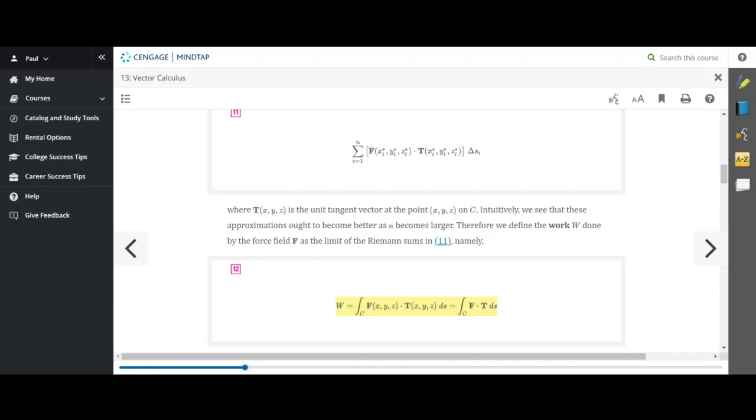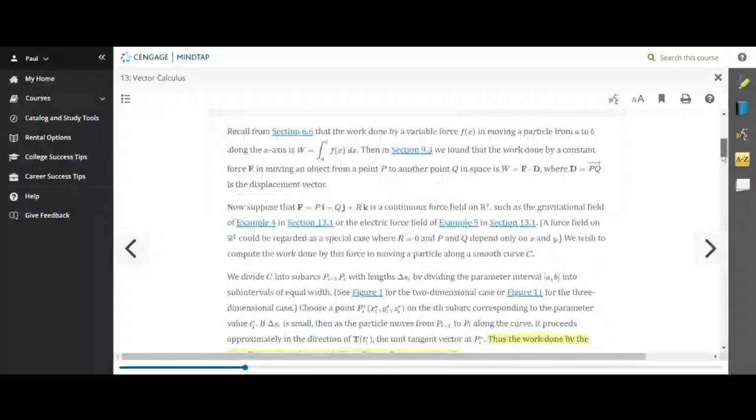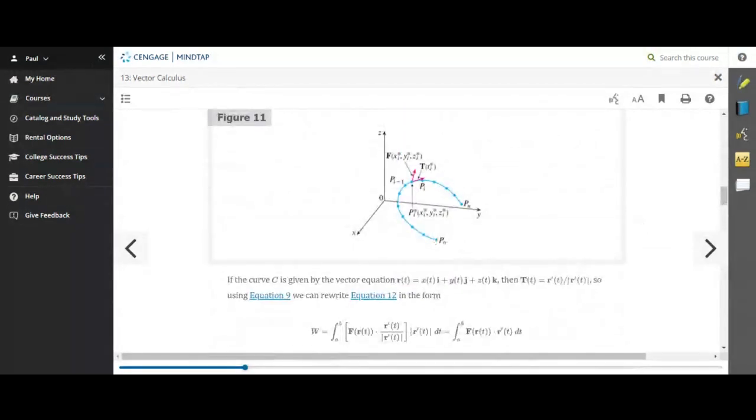Now, the tangent vector, what variable do we want to get involved in here for computing the work? When the particle moves along this path, remember, in figure 12, each point is the particle as it moves along the path, and it's doing it with respect to time.